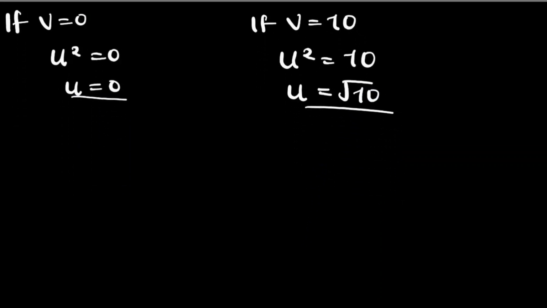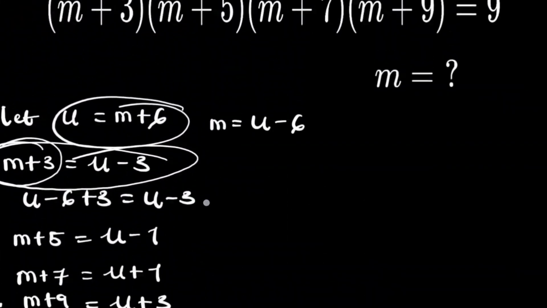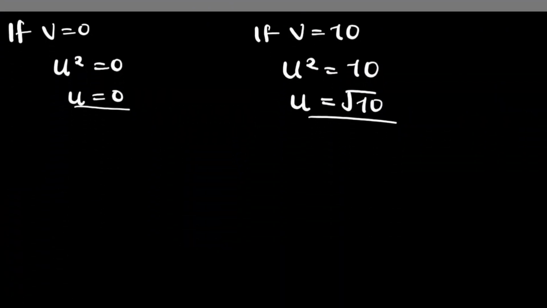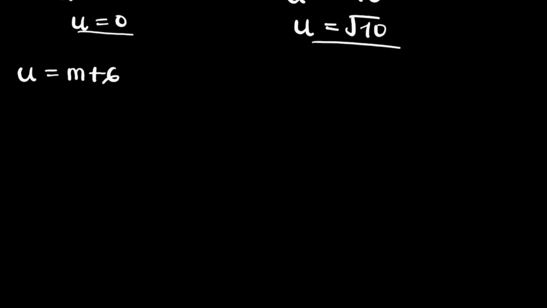But remember also, u is not what we originally started with. In the beginning, I said u should be equal to m+6 in order to carry out substitutions. Remember, we are looking for m, so we are going to substitute again.